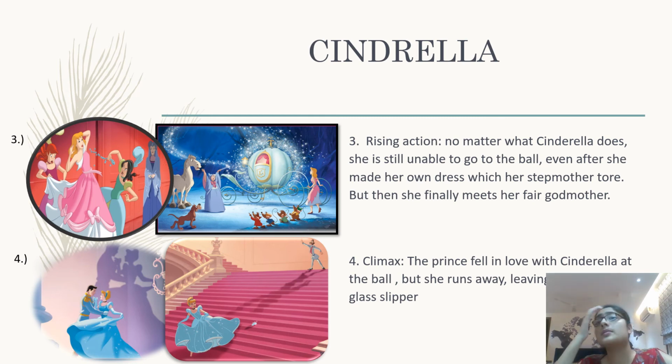Cinderella hears about the ball that the king has decided to throw, and she wants to go to the ball, and also her stepmother and stepsisters want to go to the ball. So the rising action will be: how does she go to the ball? What hardships did she face? No matter what Cinderella does, she is still unable to go to the ball, even after she made her own dress, which her stepmother tore.